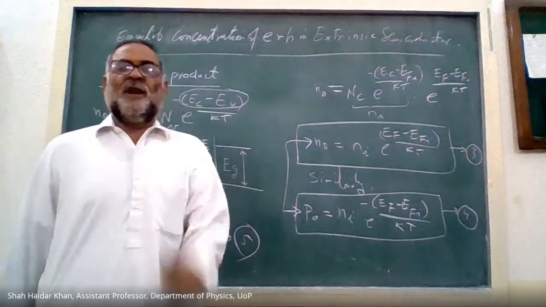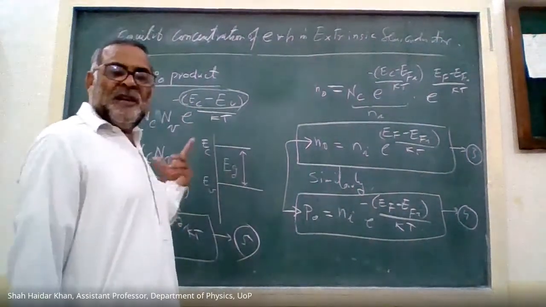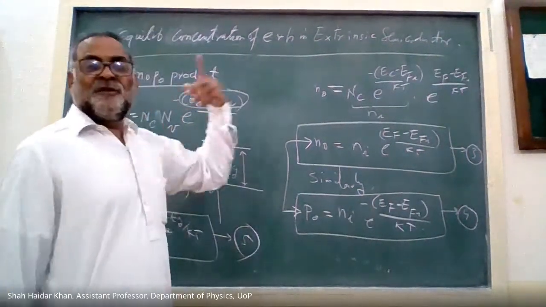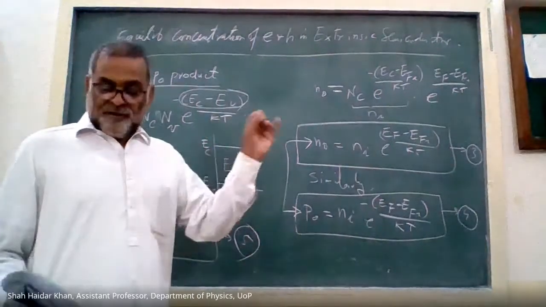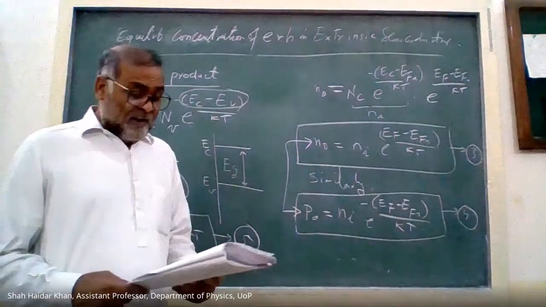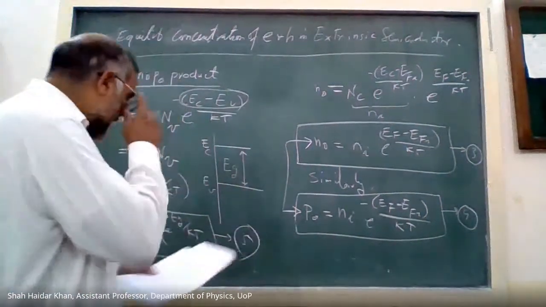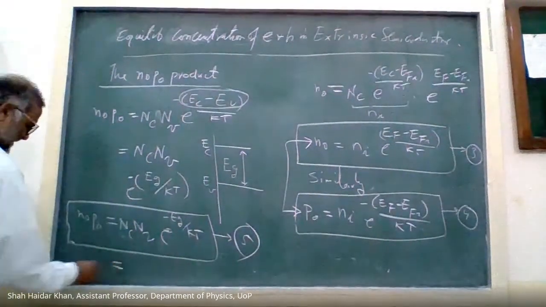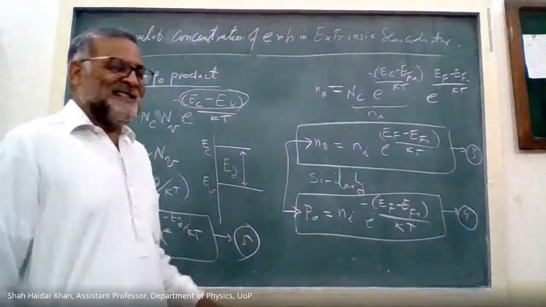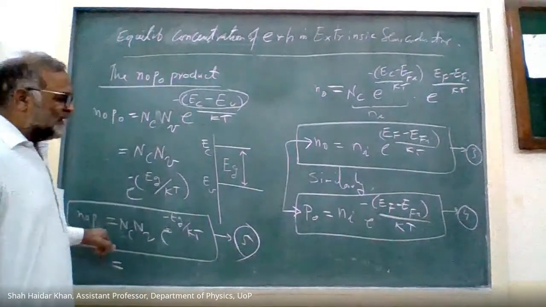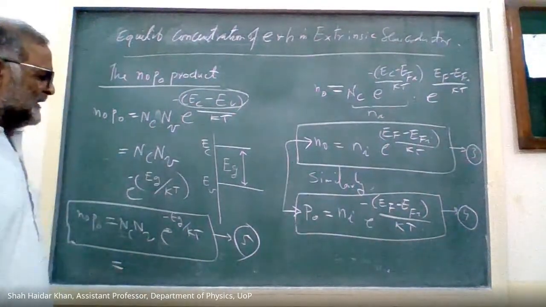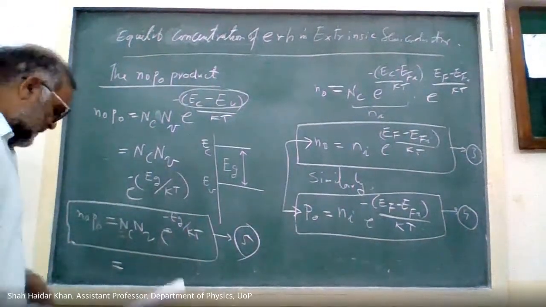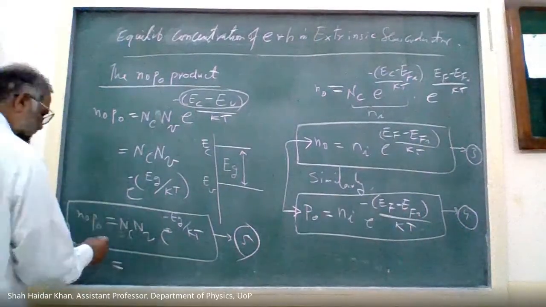हमारे पास ये एक tool है. So that we should keep this in mind. We can use it in different situations in calculating different things. And further, N naught and P naught here will be equal to this.